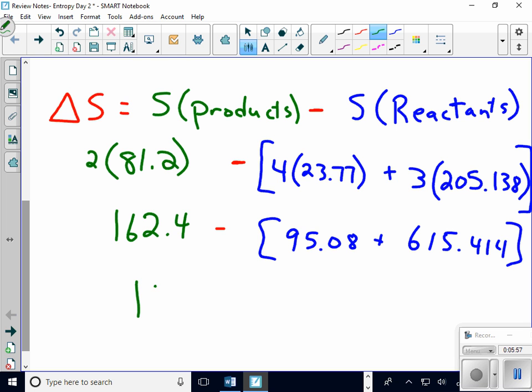So once again, 162, I'm done with that part, minus, I'm going to add those two together, and I get 710.494. So I'm going to take 162.4, and I'm going to subtract.